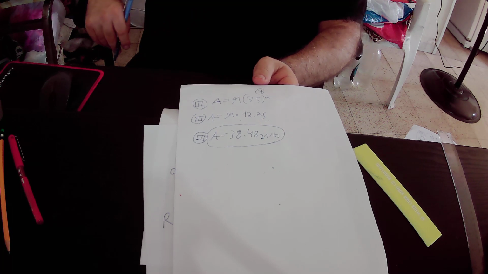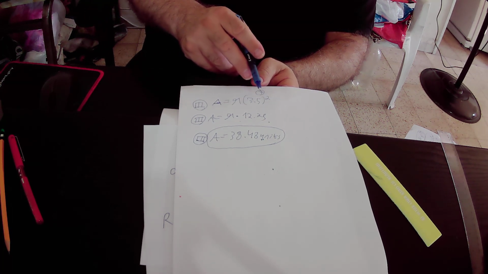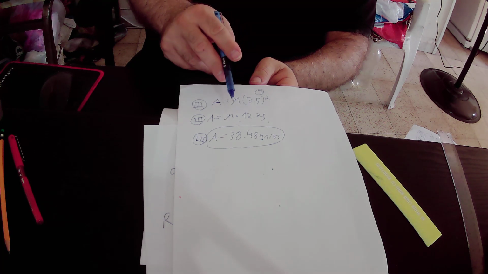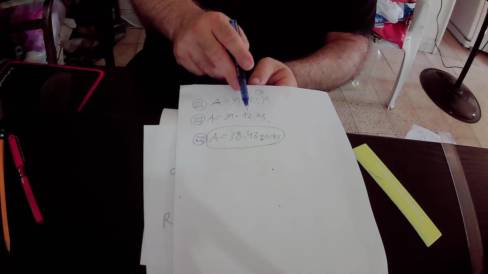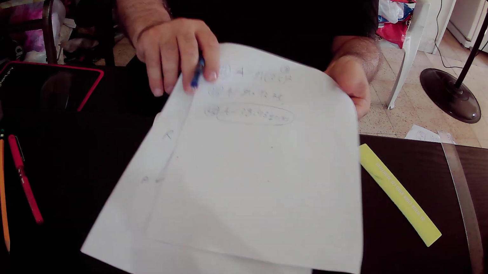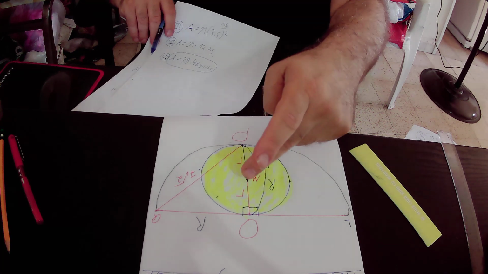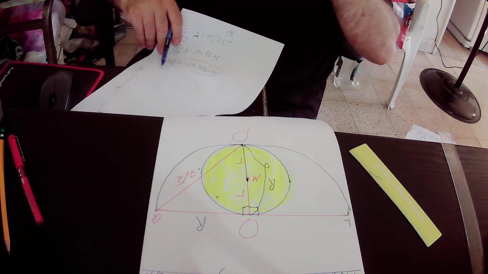We multiplied pi by 12.25 and we got that the area of this yellow circle equals 38.48 units.